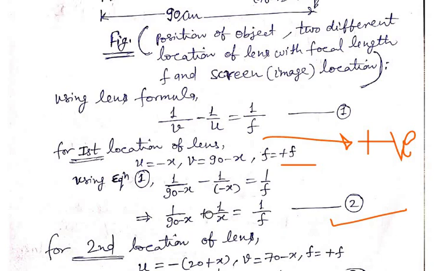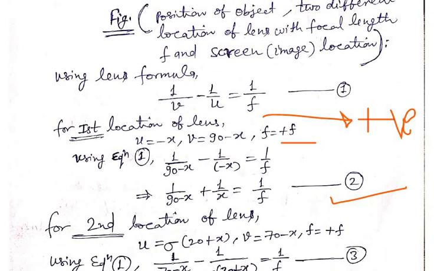Now if the same lens is at the second position, the distance of the object from the lens will be 20 plus x. So using sign convention, u equals minus of 20 plus x, and the image distance v will be 70 minus x, and again the focal length will be plus f, as it is the same lens but at a different position.